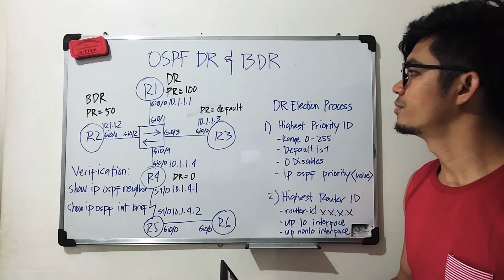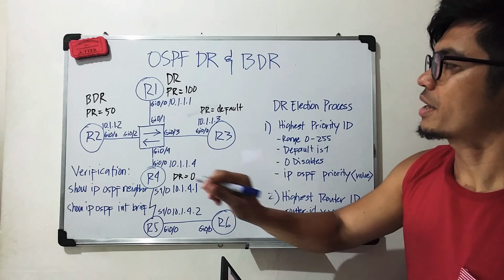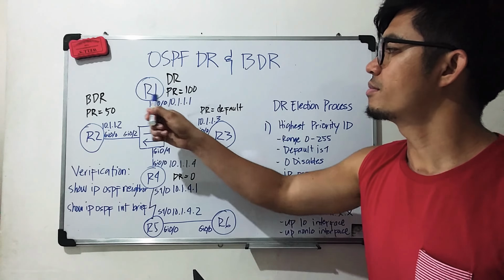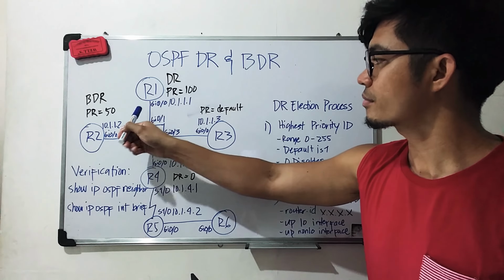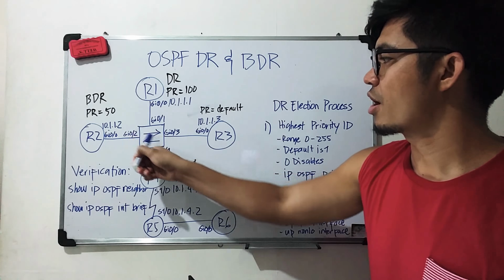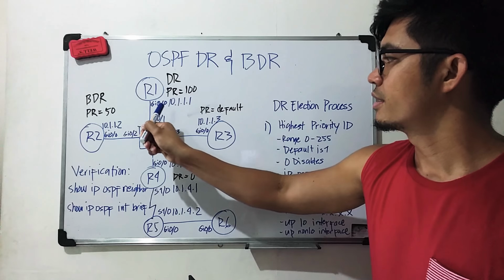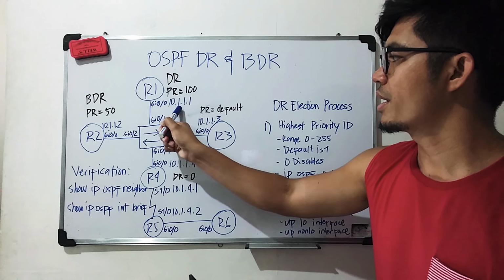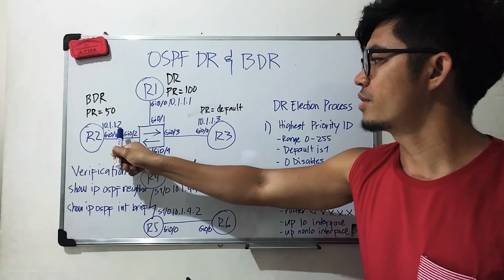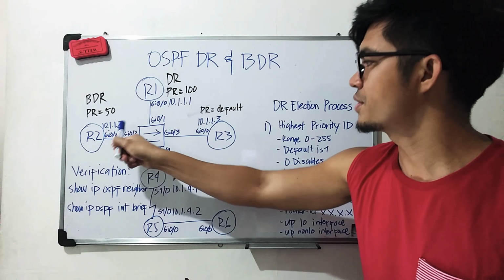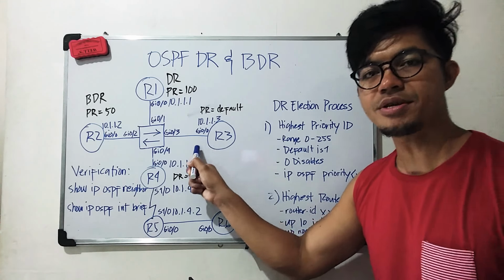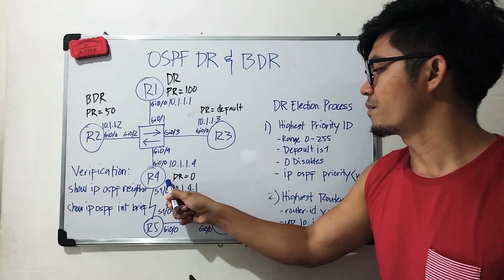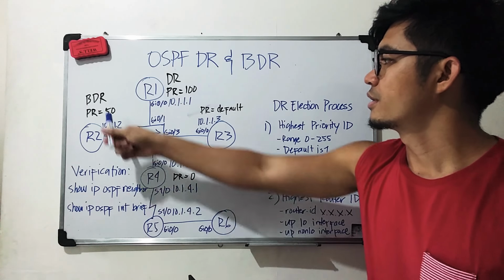So yeah, let's go back here. As you can see, like I said earlier, these routers are on the same subnet. R1 has an IP address of 10.1.1.1, R2 .2, R3 .3, and R4 .4.